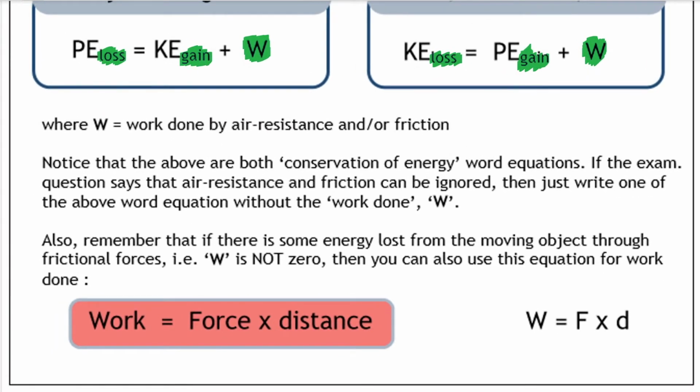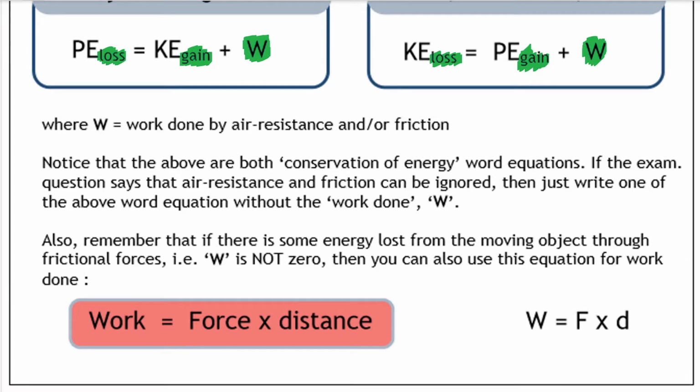So again, pause the video, read the paragraph underneath to help you make more sense. Because really, if you understand this paragraph underneath and what I've just talked about, the rest of the lesson, certainly for foundation tier, is going to make sense.